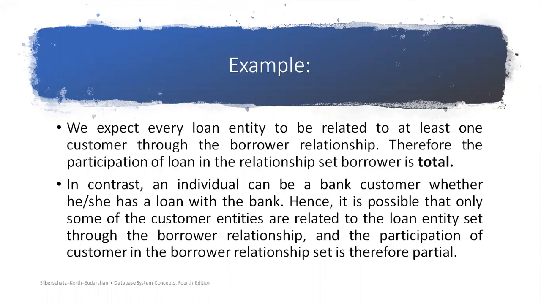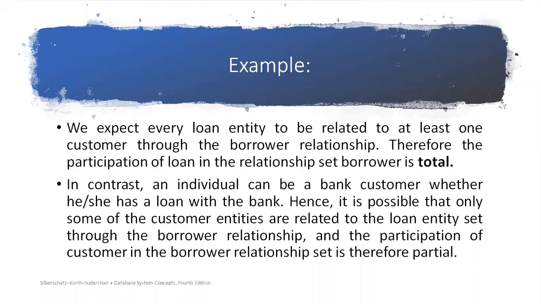Now, what is the opposite of this? Every customer has a bank account. That's why these are called customers. But it is not compulsory that every customer has a loan, right? So here we can see that the participation of customer in the borrower relationship set is partial, and the participation of loan in the relationship set borrower is total.